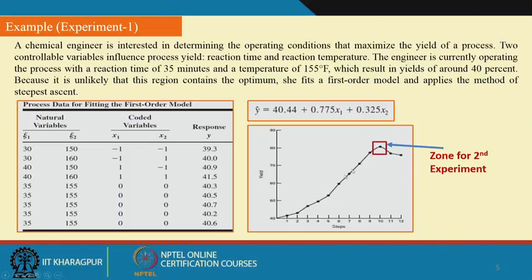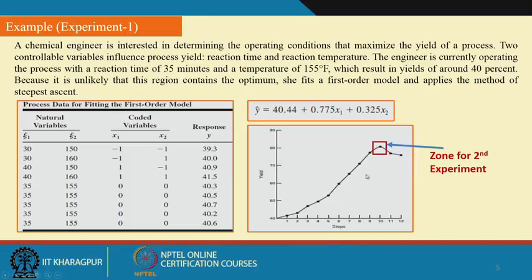With this operating zone we ran the experiment and got this first order regression equation, and then we followed the path of steepest ascent and landed here, the zone where the second set of experiments will be conducted.